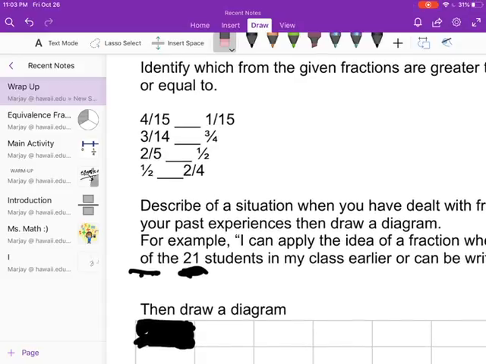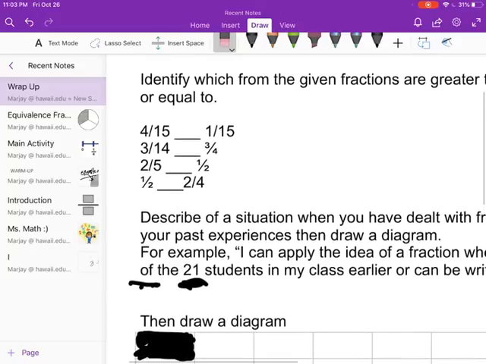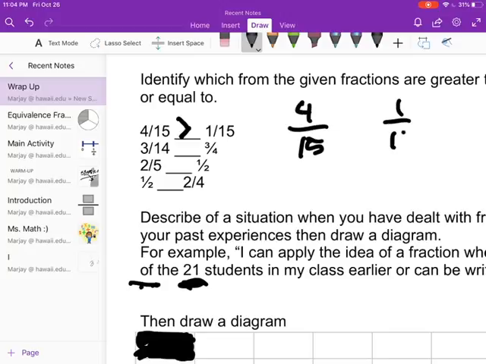So I'm assuming that you guys have already paused the video. Now let's discuss these fractions. The answer for this one is greater than, because they have the same denominator, right? So we have 4/15 and 1/15.